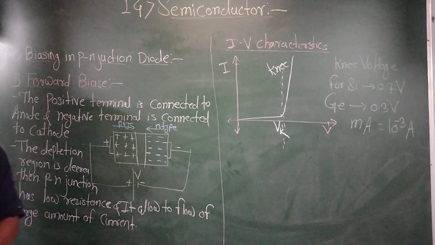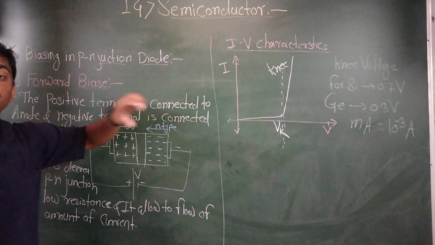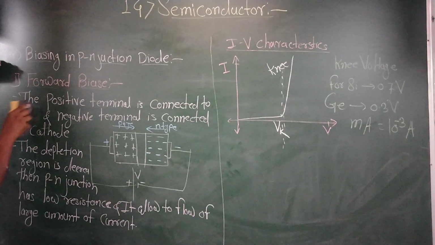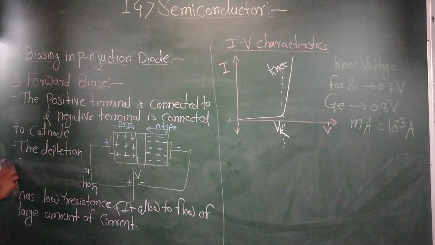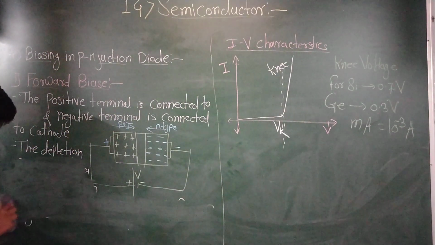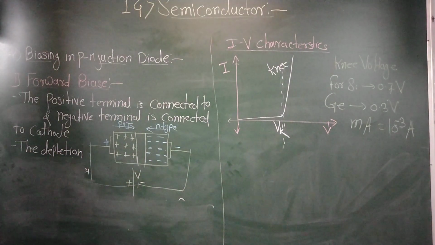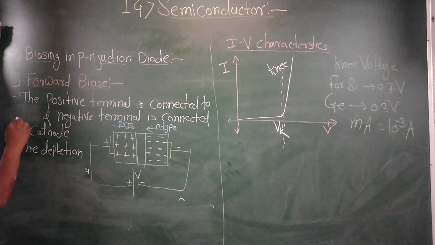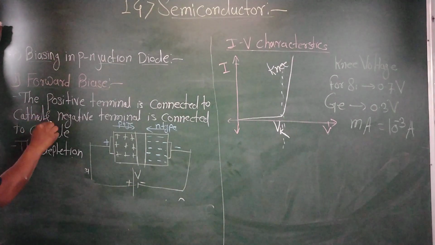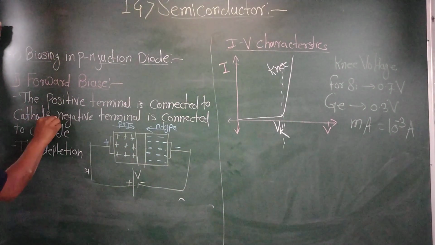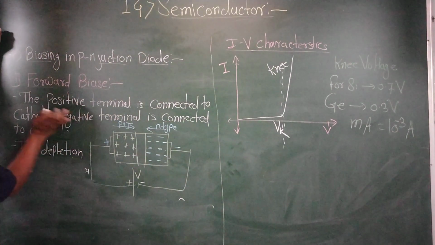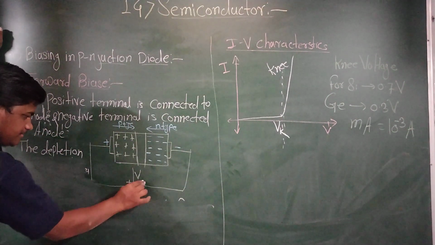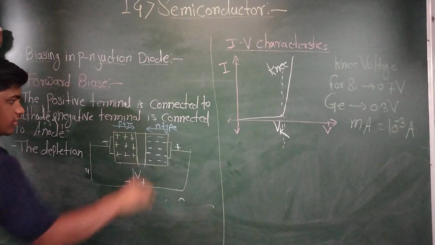Let's discuss reverse biasing. If the positive terminal of the external voltage source is connected to the cathode and the negative terminal is connected to the anode, what happens?